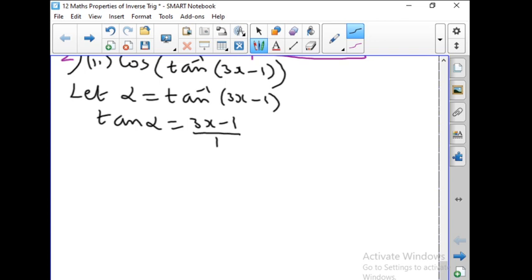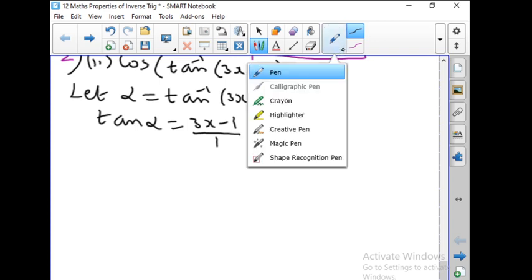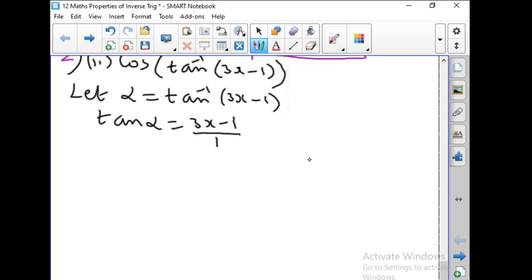So we will put it in a triangle. So this is the opposite side by the adjacent side.